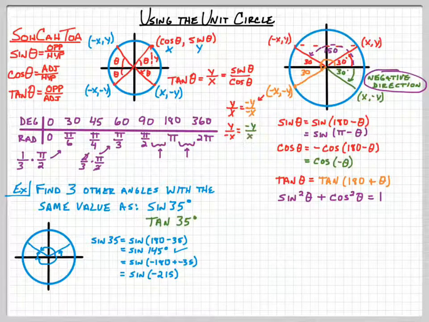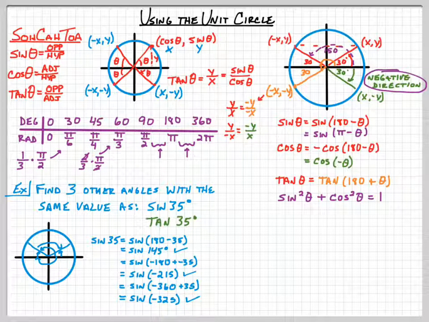And if we continue this circle from our negative 215 around to our original line, then we get sine of negative 360 plus our 35 degrees. Or you can always say negative 215 plus another negative 145. Either way, they'll both come out to a negative 325, which is your final of the 3 for sine 35 degrees.